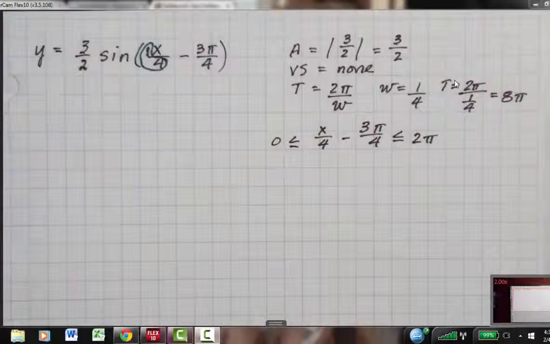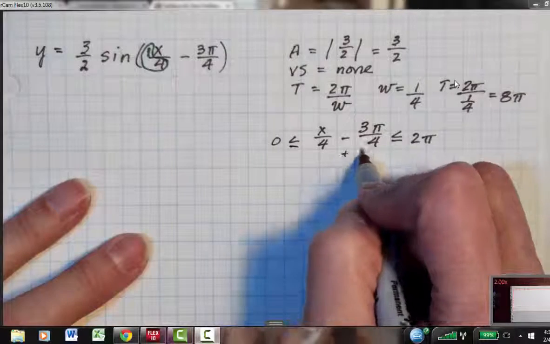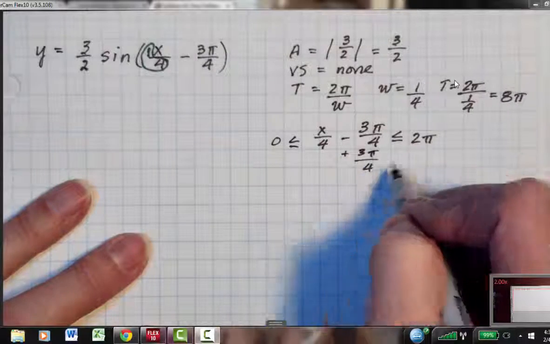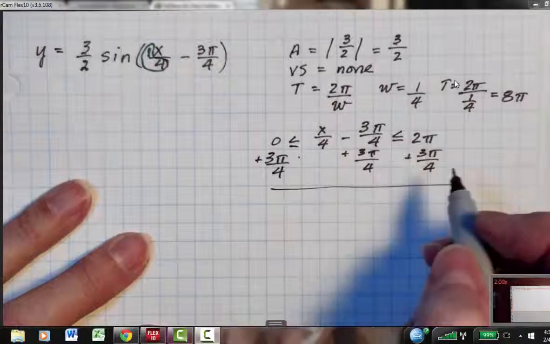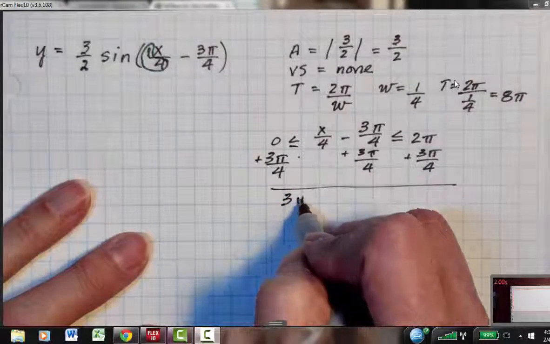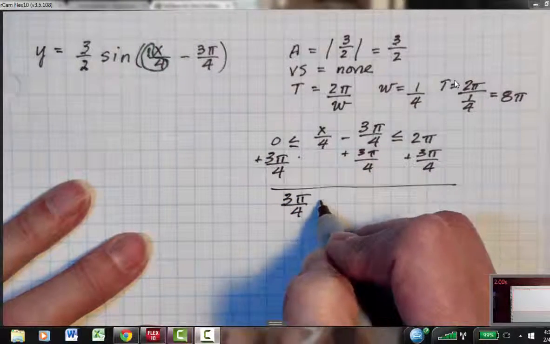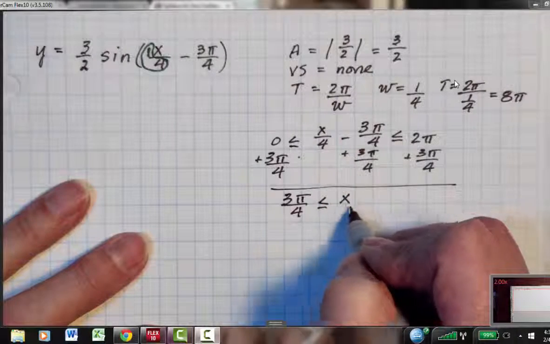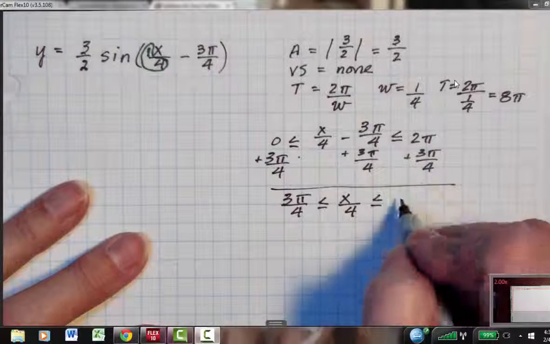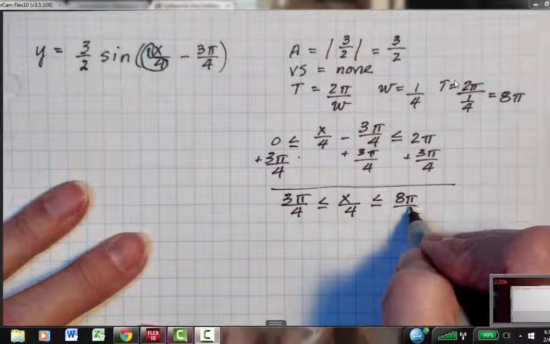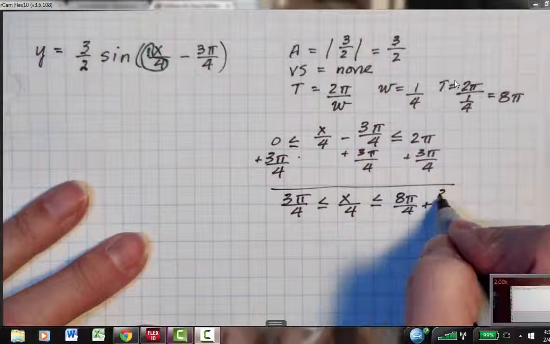So first of all, I'm going to add 3 pi over 4 to all sides of the inequality. When I do that, I end up with 3 pi over 4 is less than or equal to x over 4, which is less than or equal to, and then 2 pi is actually 8 pi over 4 plus 3 pi over 4.